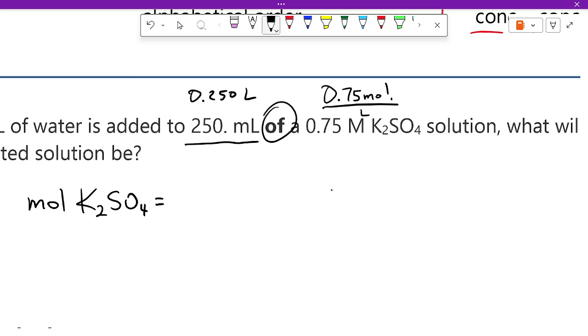So now I have this of, and of means times, so what I've got is 0.250 liters of 0.75 moles per liter, and we get 0.25 times 0.75 equals 0.1875.